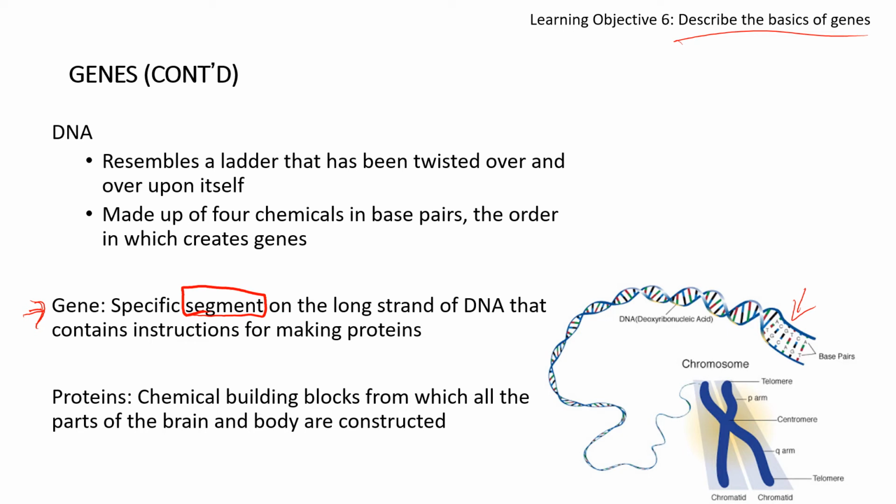You will get some genes from your mother, some genes from your father, some genes that are actually a combination of the two, and some genes due to things like mutations that are from neither your mother nor your father. For all the different proteins, for all the different commands to make up our brain and our body, you'll have different genes.